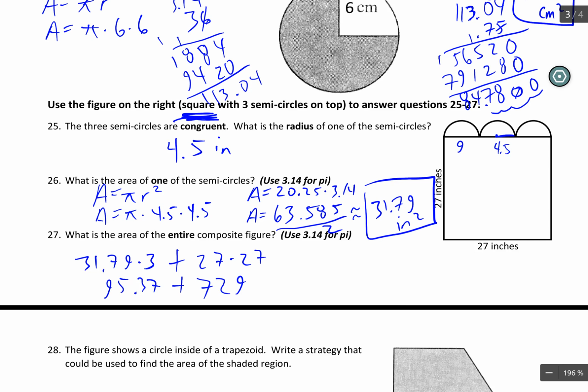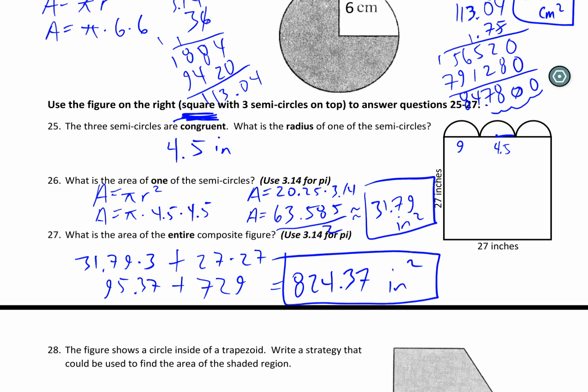If I add those together, I'm going to get an answer of 824.37. So my units, because I'm talking about area, is inches squared.